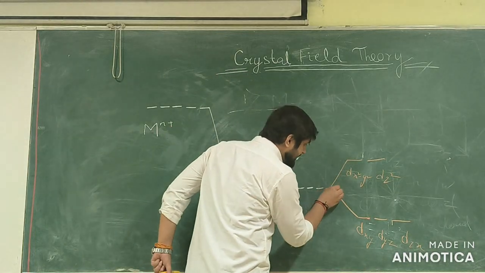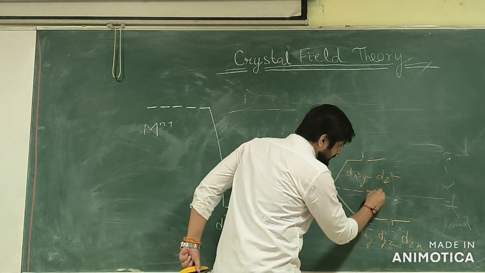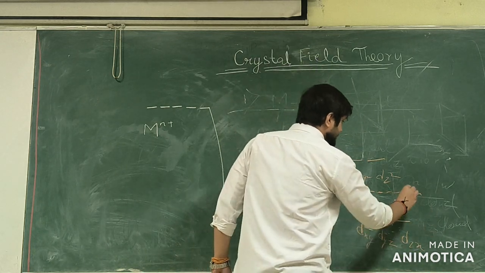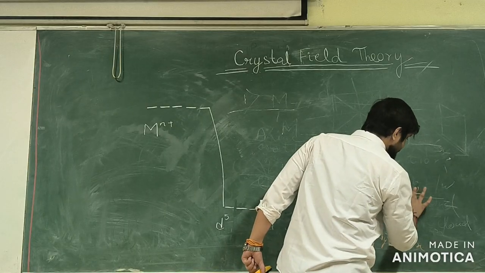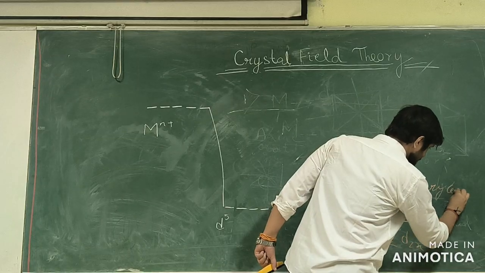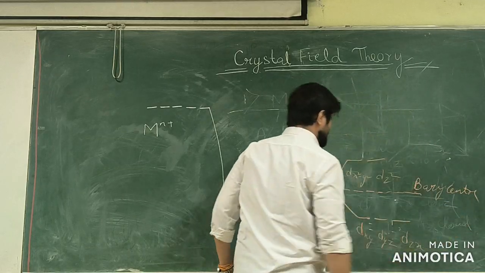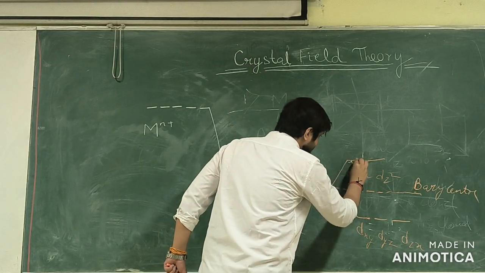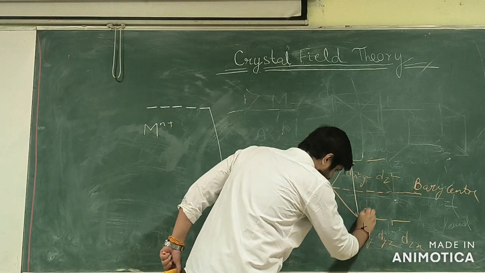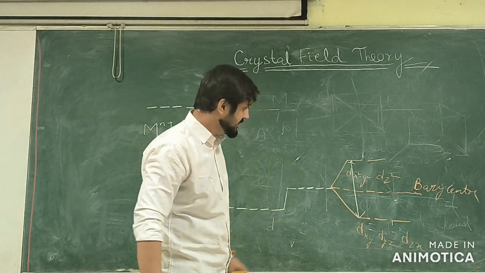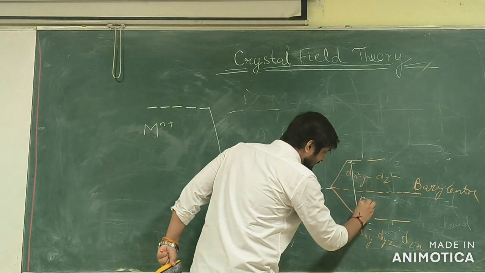The line that divides this splitting is known as the barycenter. Also, the total energy gap of splitting is known as delta naught.